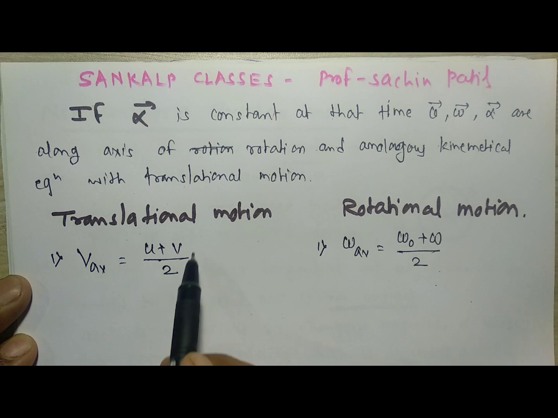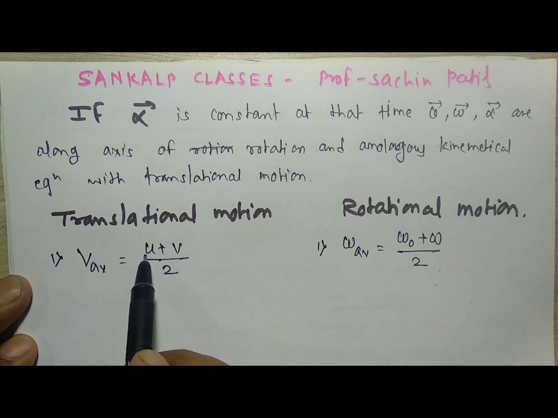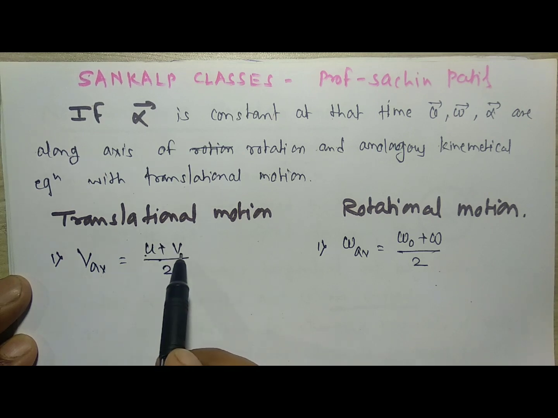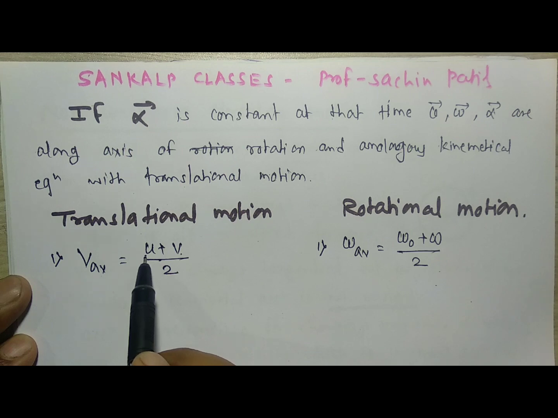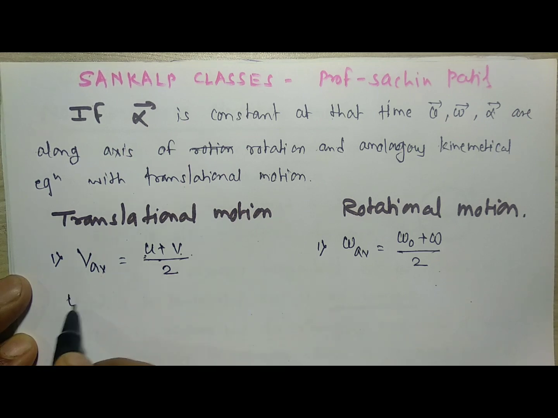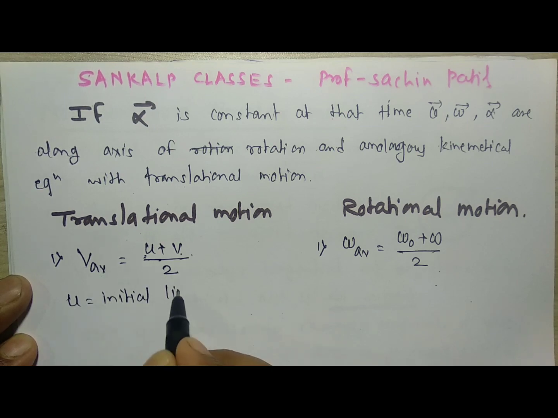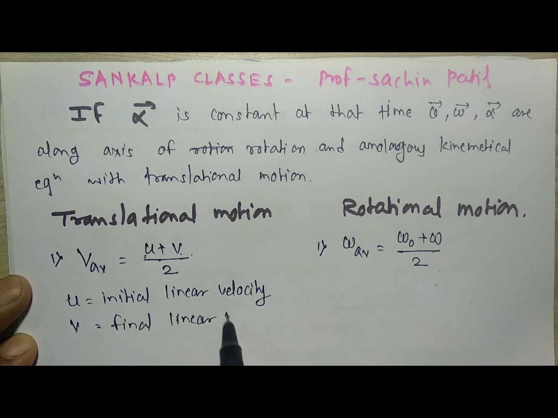It is nothing but the average of the initial linear velocity and final linear velocity. U is the initial linear velocity and V is the final linear velocity.